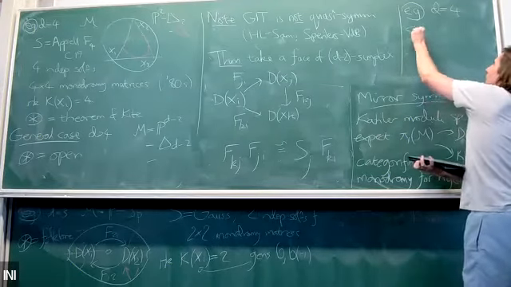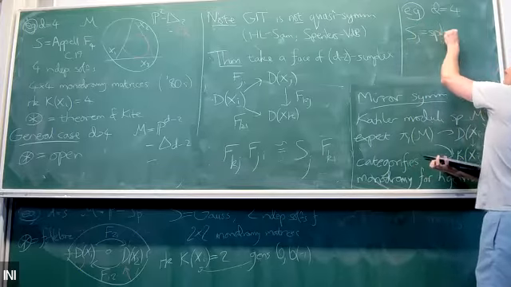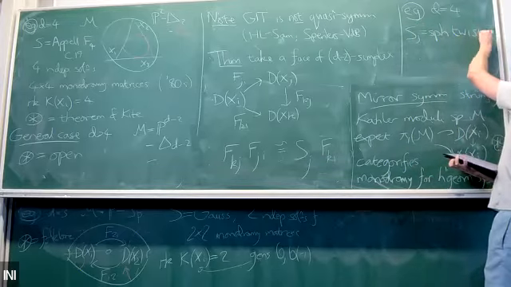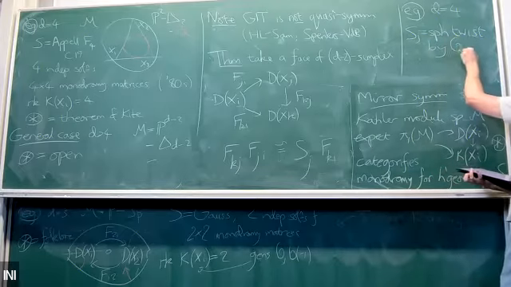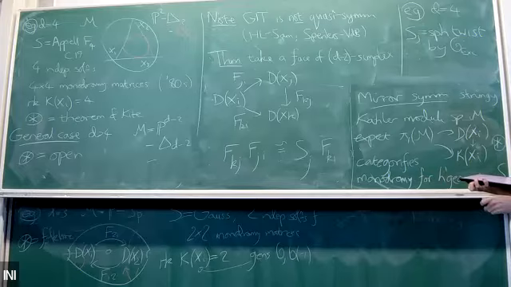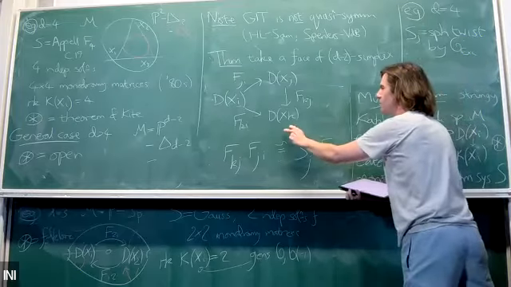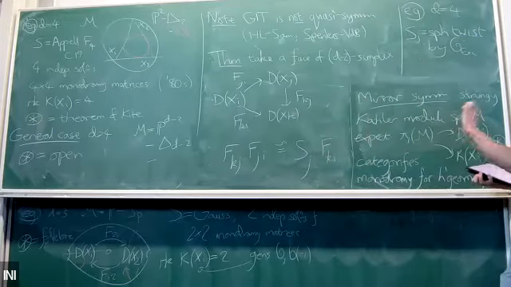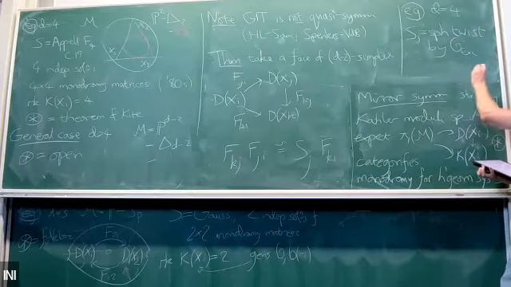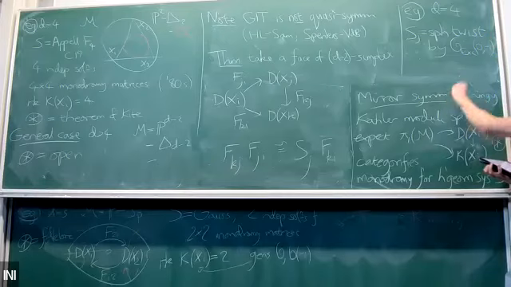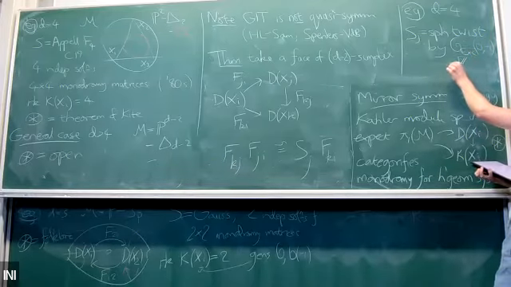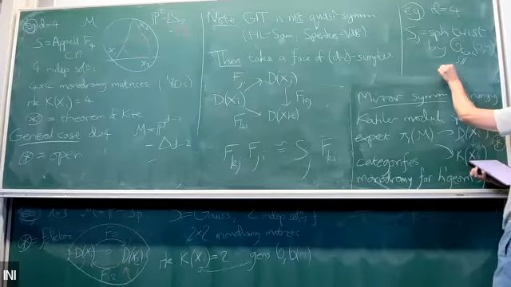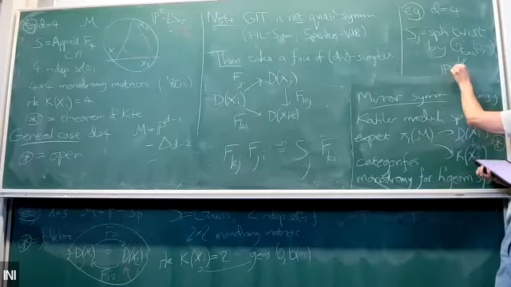So S_j is a spherical twist by the exceptional locus, the bit in X_k which gets contracted to the singularity. If you remember, this exceptional locus in this case is the P^1.